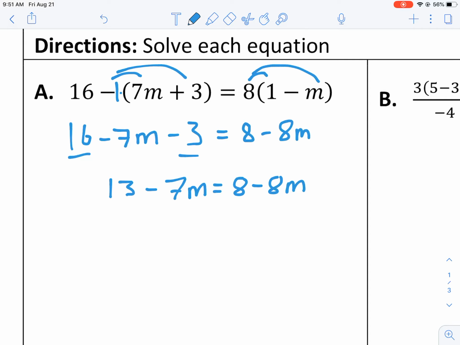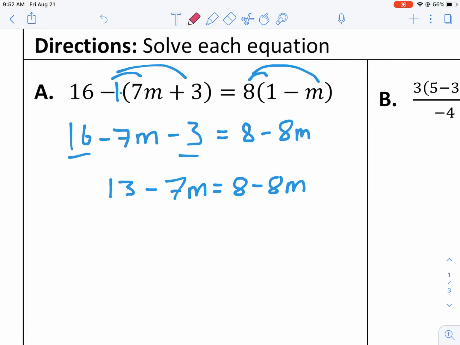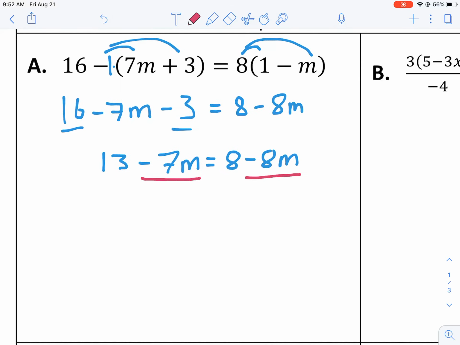Now, we don't have any like terms on each side that we can combine, but we can start moving things. So when you have an m on both sides, we have minus 7m and we have minus 8m, the rule that you want to follow is that the smallest m is the one that you want to cancel out and move to the other side. We know that we cancel something out by doing the opposite.